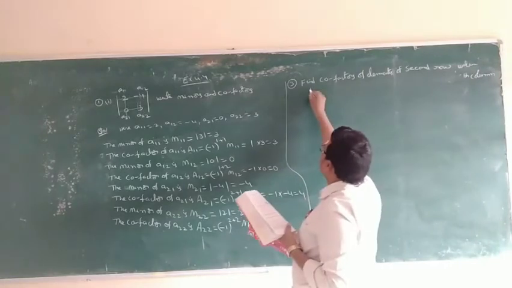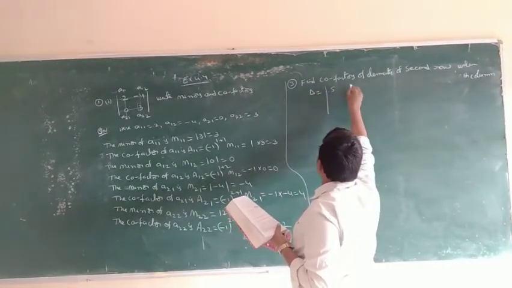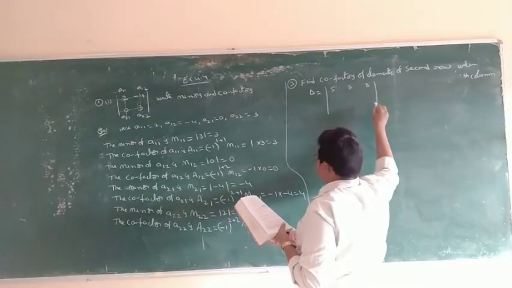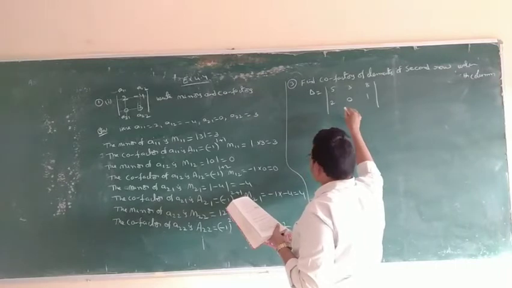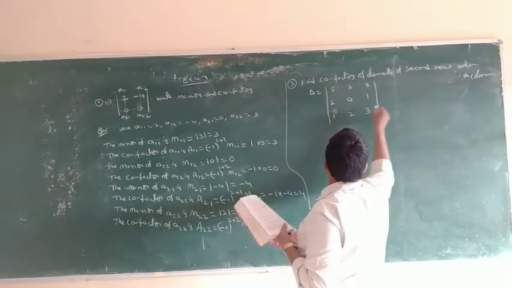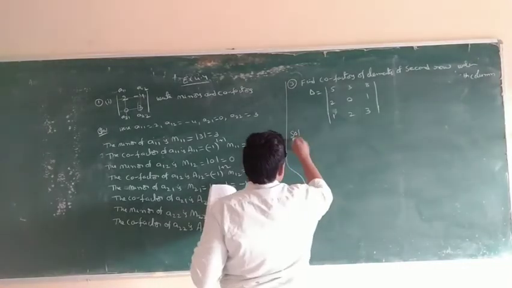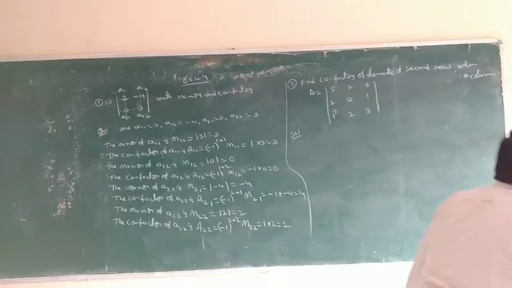Evaluate delta is equal to the determinant 5 3 8, 2 0 1, 1 2 3. This is a 3 by 3 matrix determinant.